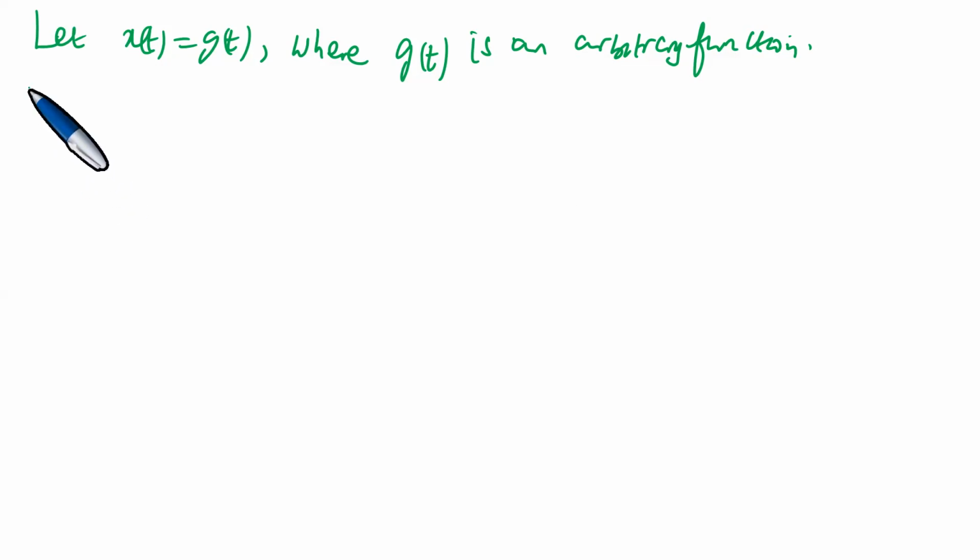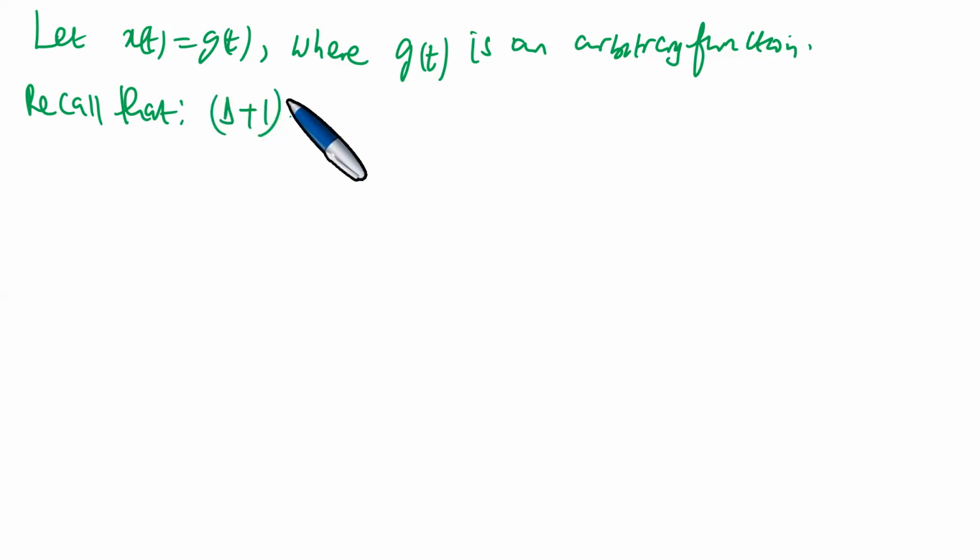Recall that. Let us recap with the original things that we had. I'm just going to write this. We wrote it in operator notation in the beginning. And then we had also minus d plus 1 y equals e to the t over 2.